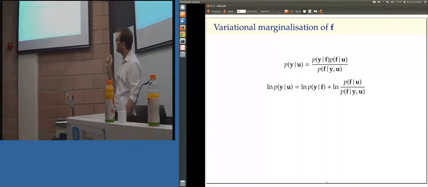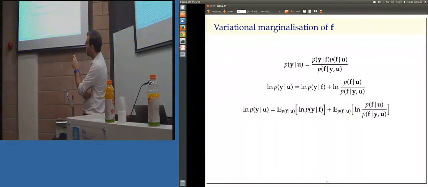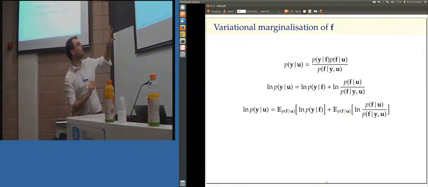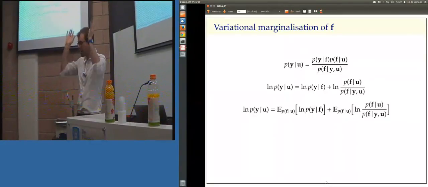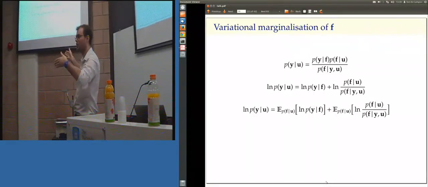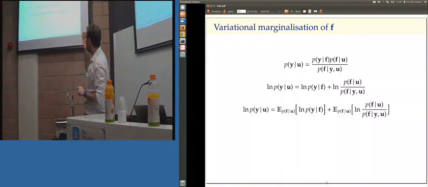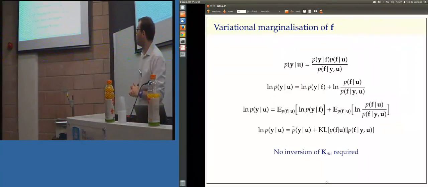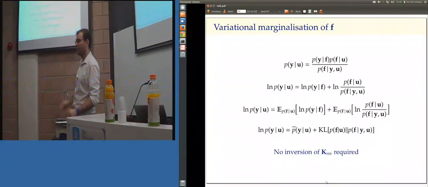So if I just take the expectation under p of f given u, then the left-hand side doesn't change at all because it's not a function of f. So I took the expectation under both sides of p of f given u. The right-hand side is a sum, the left-hand side is not a function of f. I end up with this thing. So I've got two terms which I'm going to call p tilde of y given u and this Kullback-Leibler divergence.